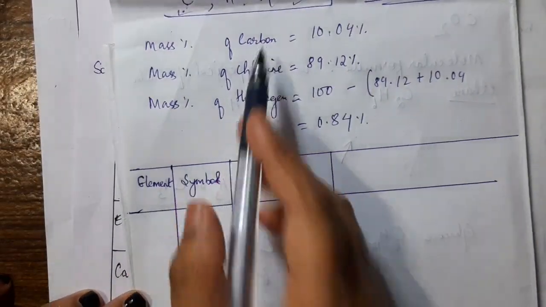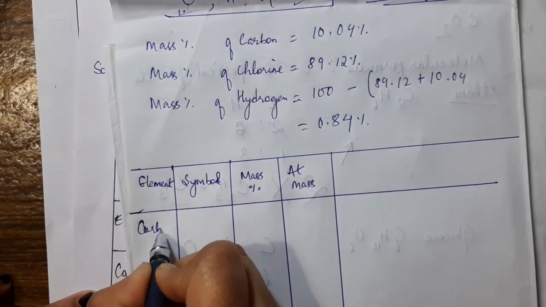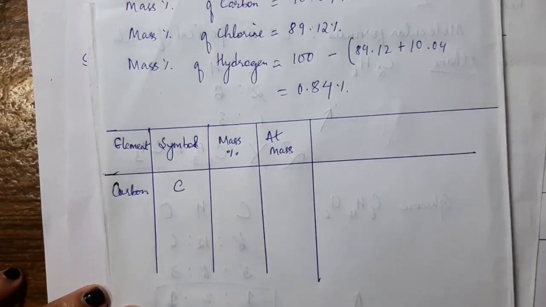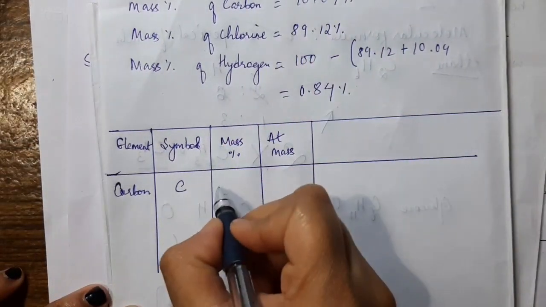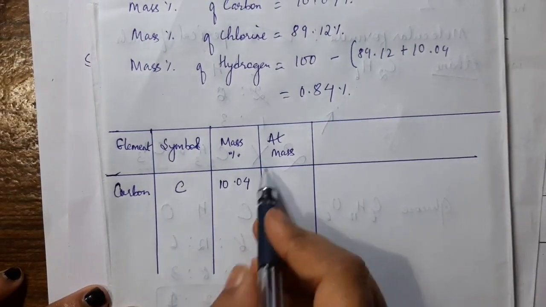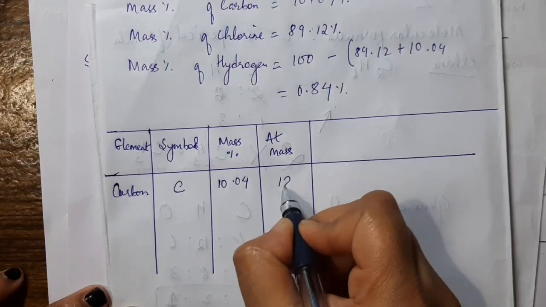So the first element, let's write carbon. What is the symbol for carbon? C. Mass percentage is 10.04. Atomic mass of carbon is 12.